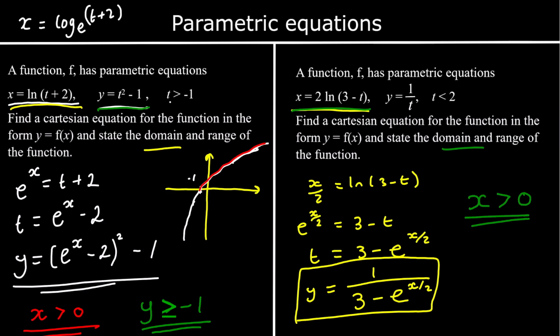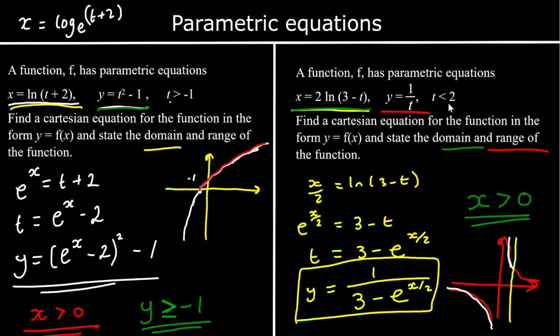And the range is what y can be. So we have y equals 1 over t. So on the graph, 1 over t looks like this. And t can be anything less than 2. So it's these parts of the graph. So this part here and this part here.